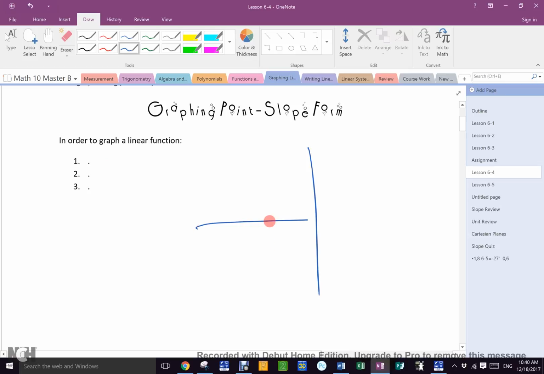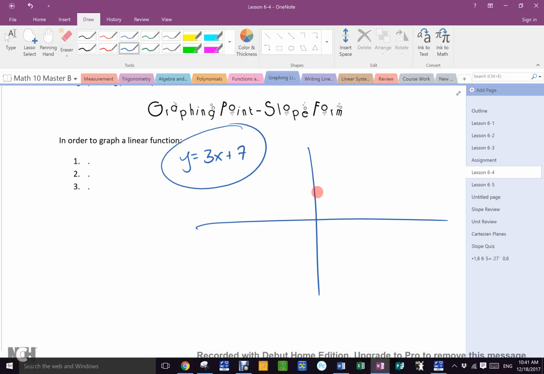If I gave you this and I said, draw this, what did you do in grade 9 to put this onto a graph? Because you did not learn slope-intercept form in the 9th grade. You might have learned rise over run. What did you do with this to put it on a line, on a graph?